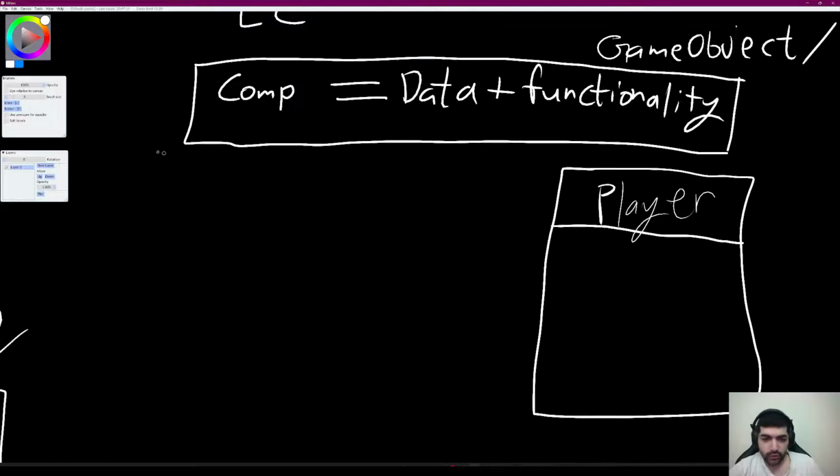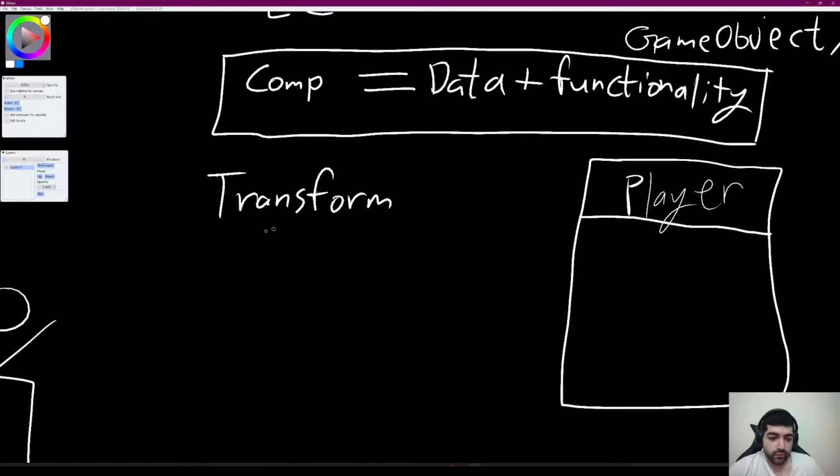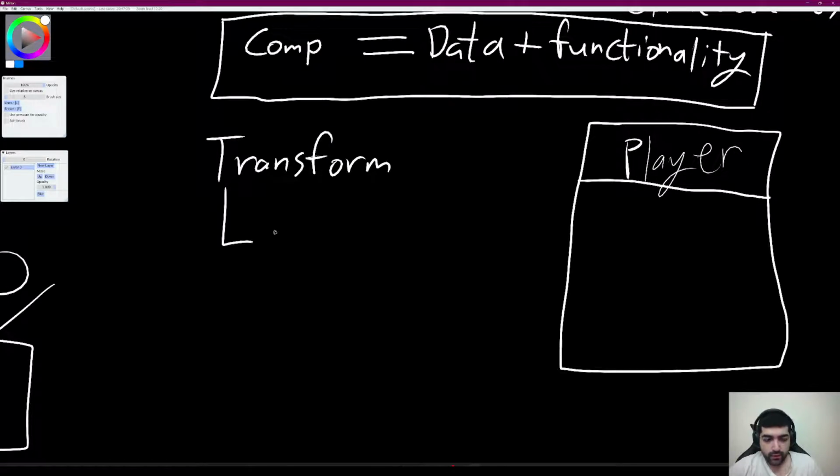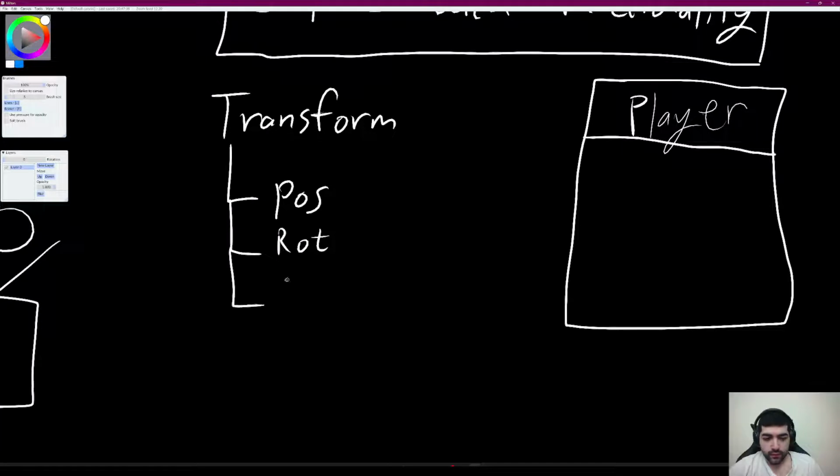For example, one component can be, which we did in Flappy Bird, if you watch the older videos, the transform component. What's our transform? Well, it was basically nothing more than position, rotation, scale.